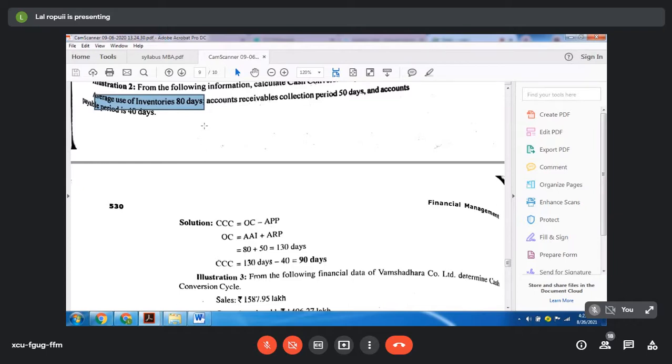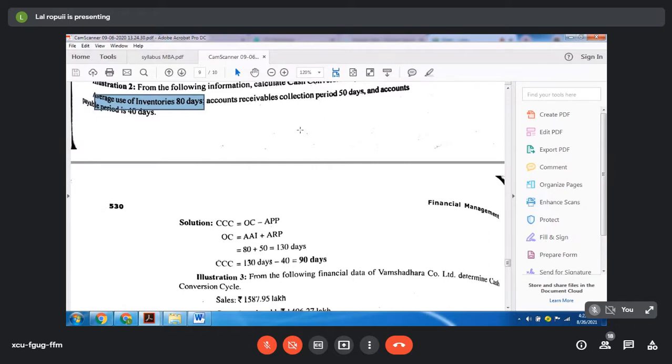Whatever they have stocked as raw materials, they normally use within around 80 days. Plus the average receivable period: this company normally realizes its cash back from customers within 50 days.